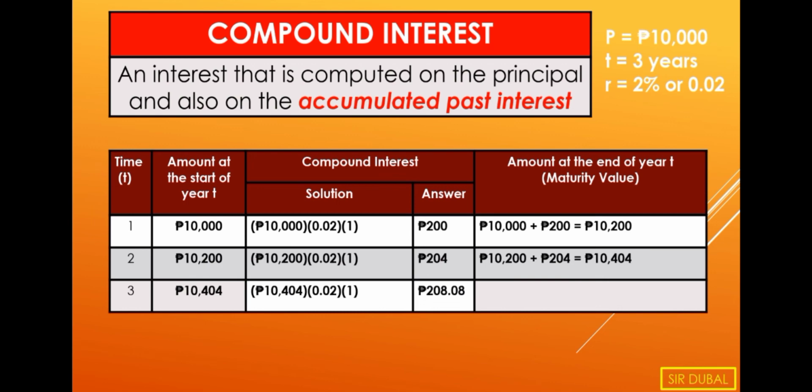So for the maturity value, the amount at the start of the year, which is 10,404, plus its interest, which is 208.08, the answer is equal to 10,612.08. So those are the answers in solving for the compound interest.